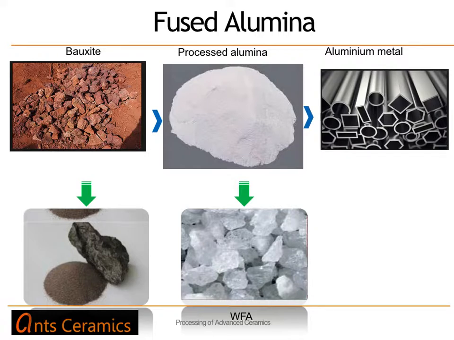From bauxite, if it is melted and then quenched, crushed and ground, we get brown fused alumina. And from processed alumina, when we melt it and crush and grind it to finer sizes, we get white fused alumina. These have wide application in abrasives, refractories, and many other technical ceramic components.